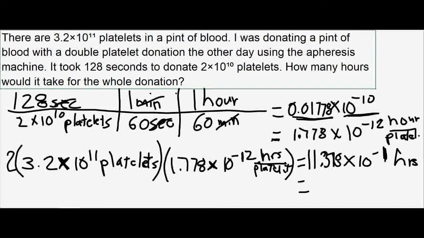And actually, if I multiply by 10 to the minus 1, that's like multiplying by 1 over 10. It's like dividing, so it's actually 1.1378 hours. And that's about how long it took me to donate the platelets. Anyway, if you have questions about scientific notation, please send me an email.